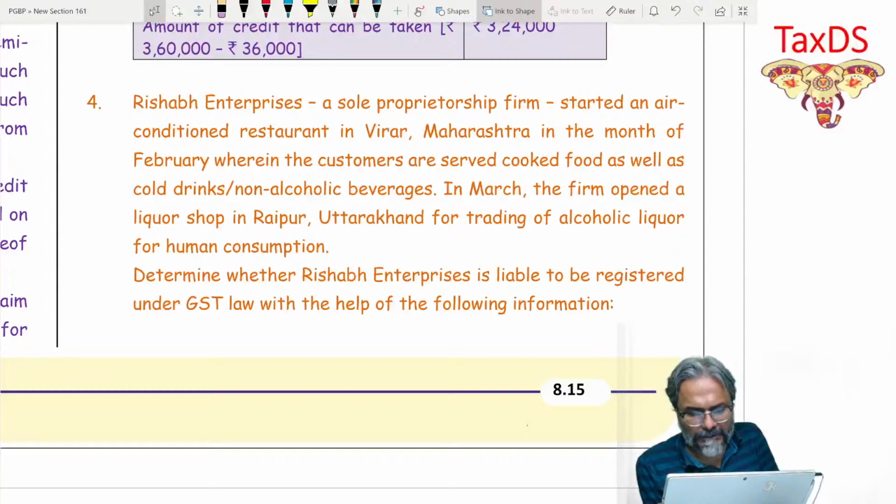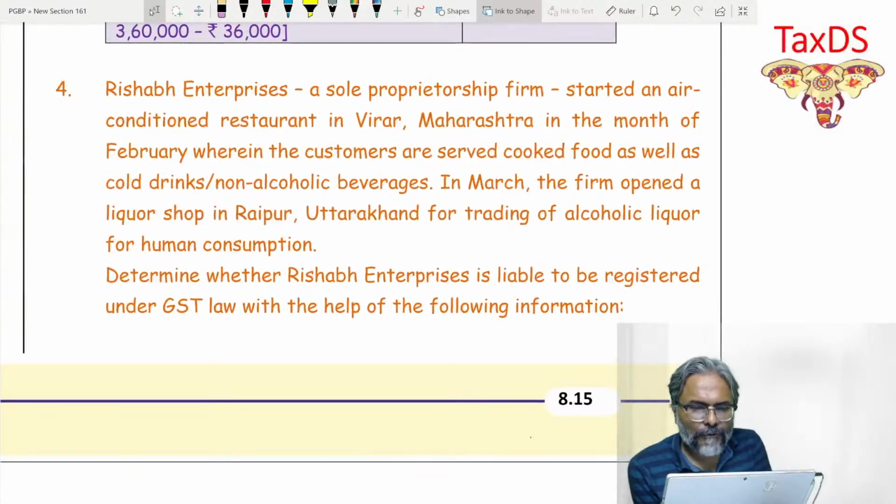Over here, students, you see, Rishabh Enterprise, a sole proprietorship firm, started an air-conditioned restaurant in Virar, Maharashtra, in the month of February, wherein the customers are served cooked food as well as cold drinks and non-alcoholic beverages.